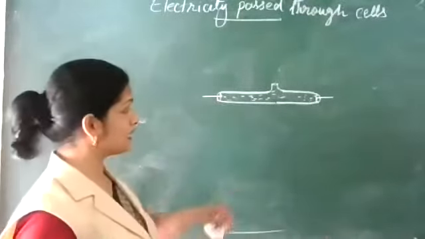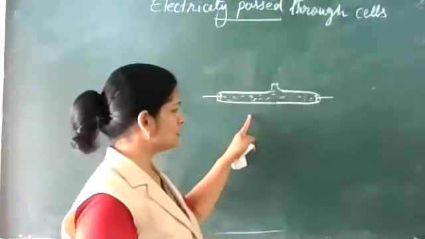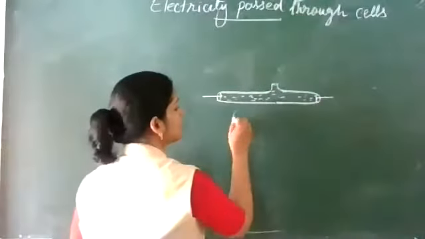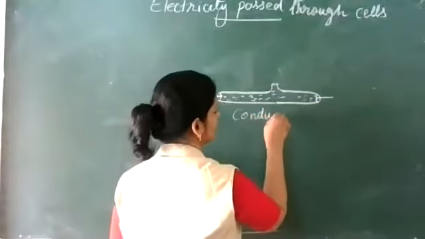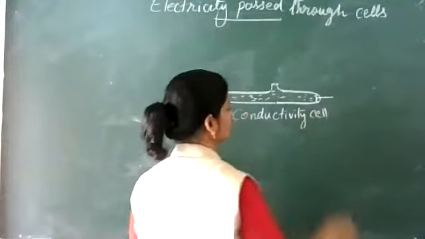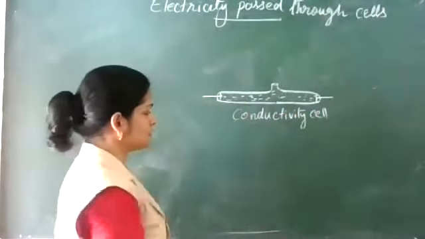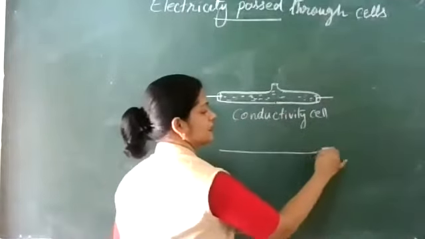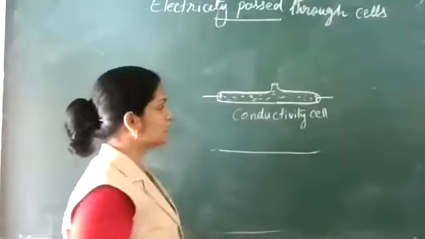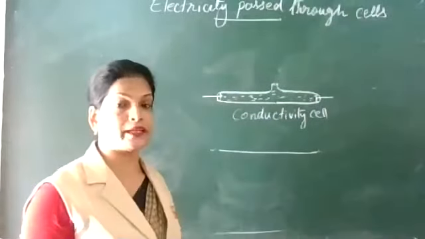Instead of connecting a wire, we have to connect a cell, which means a solution. The solution is taken in this glass tube called the conductivity cell. In physics we connect a wire, this and this connected. But in chemistry, the electrolytic solution cannot be connected like that.